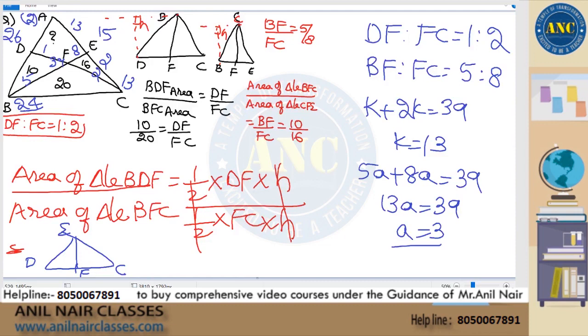Now do it, get the corresponding ratios, you will get the answer. What we are doing is converting the ratio of the areas into the ratio of their sides, because we require ADE. I hope it is clear, right, sir?